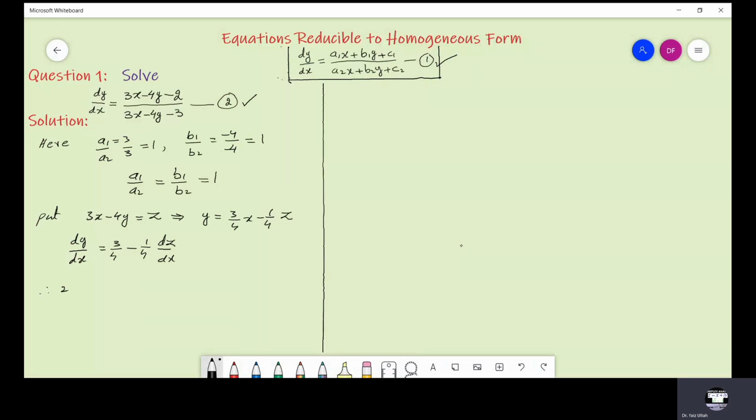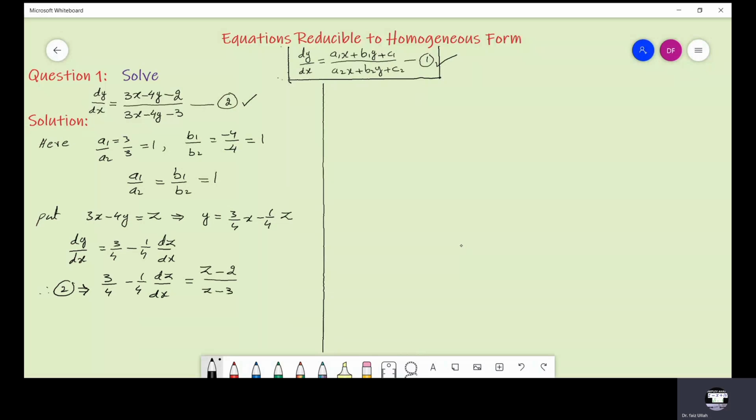Therefore, equation number 2 becomes, after putting these values, 3/4 minus 1/4 dz/dx is equal to (z minus 2) divided by (z minus 3).